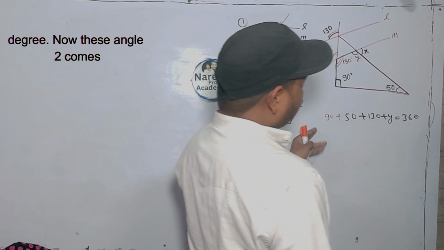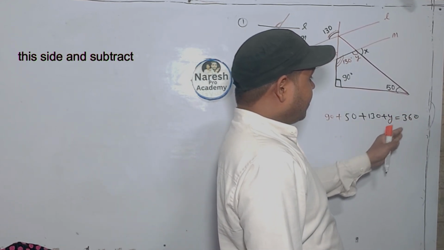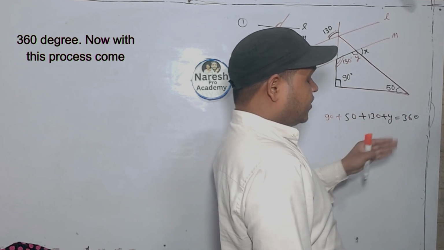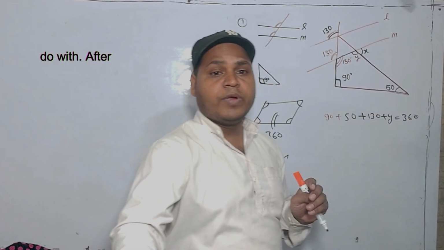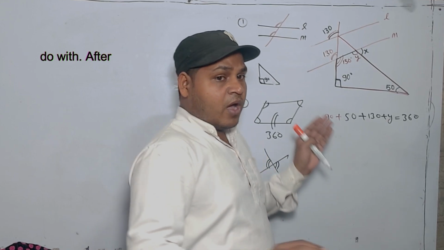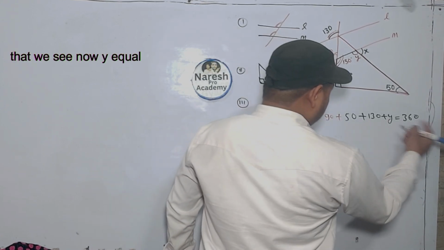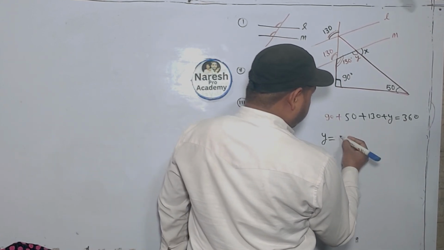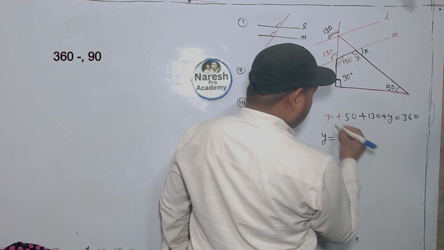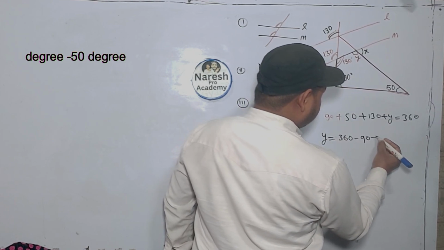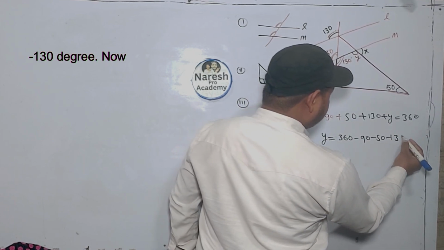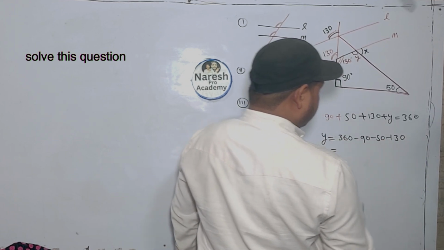Now these angles come to this side and are subtracted from 360 degrees. After that we see y equals 360 minus 90 degrees minus 50 degrees minus 130 degrees. Now solve this.